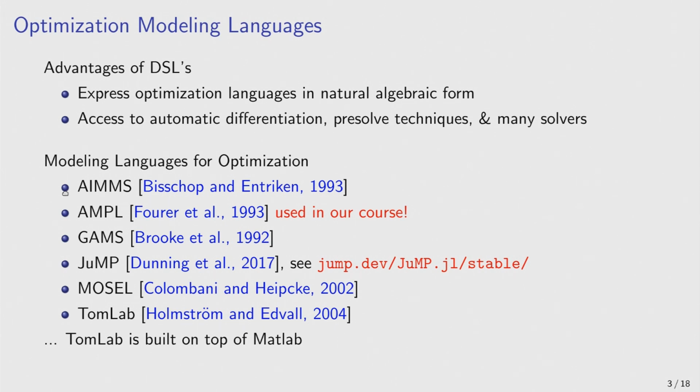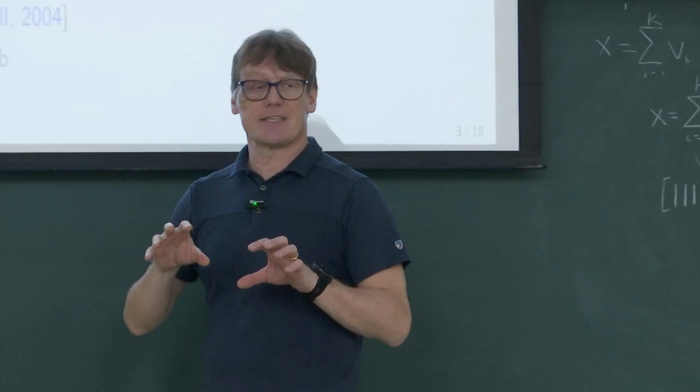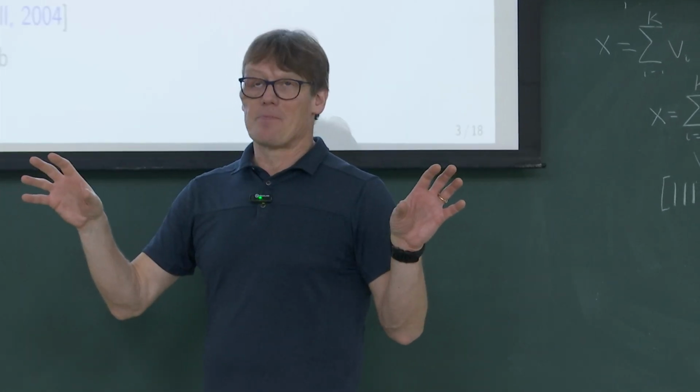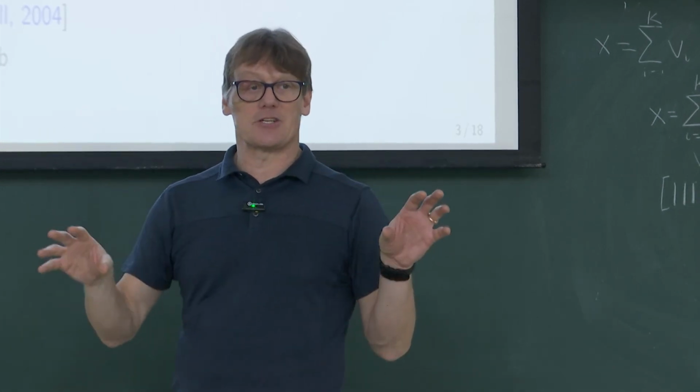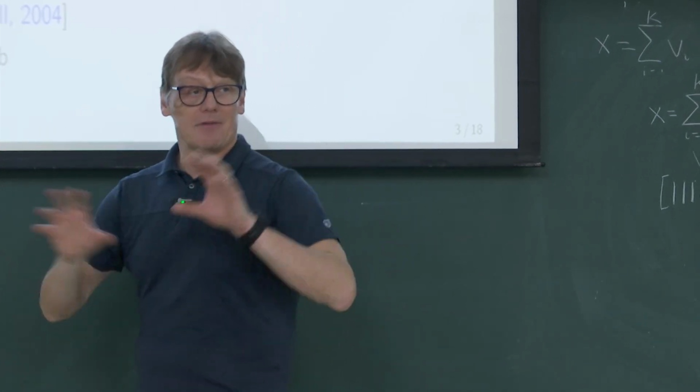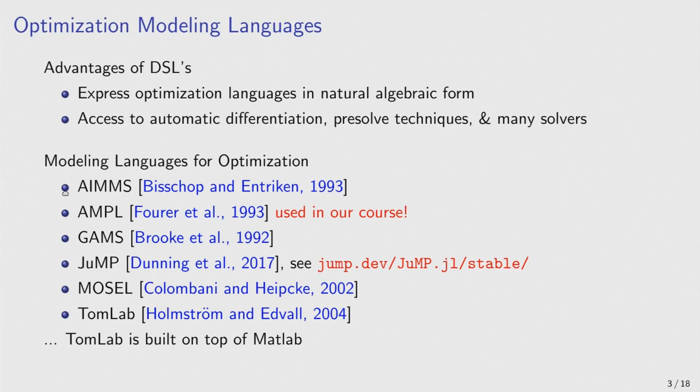There's a whole host of these modeling languages for optimization. AIMMS is a nice one if you're a chemical engineer because it uses units and it is unit checking. So if you write an expression that has an equation, a flow balance equation, it checks that the units of the flows actually match up. You don't have mismatches in units. AMPL is the language that we use here.